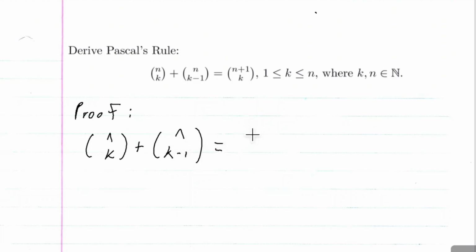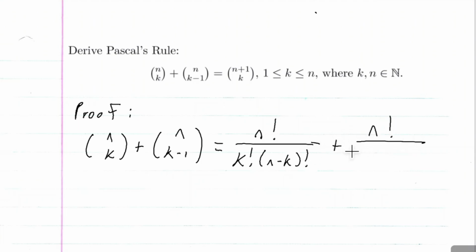We know this is equal to n factorial over k factorial times n minus k factorial, plus n factorial over k minus 1 factorial, and then this will be n minus k minus 1 factorial.